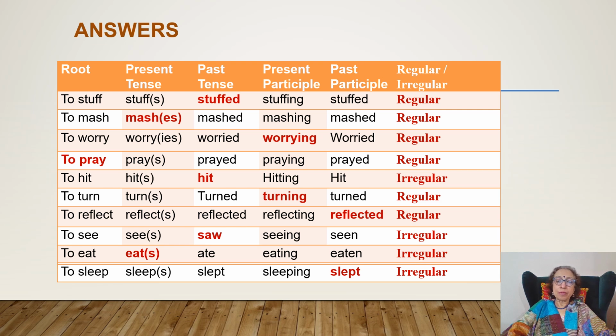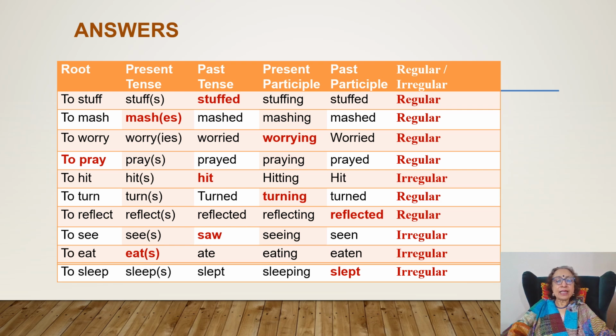I'll tell you more about it. But here you see, worrying, no change at all. And since it is ed ending in both past tense and past participle, it is a regular verb. Then the root was missing. The root is to pray. And it's regular because prayed, past tense, prayed, past participle.